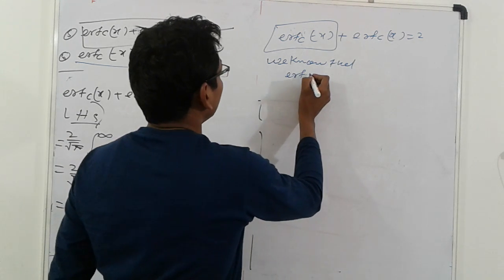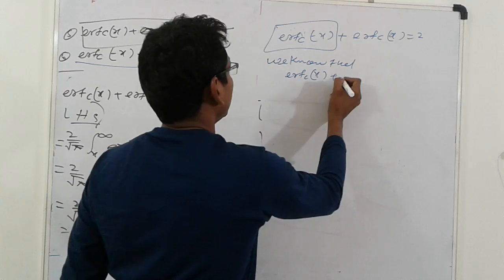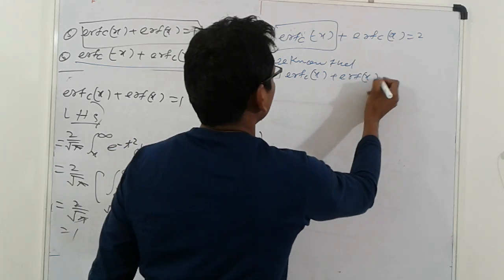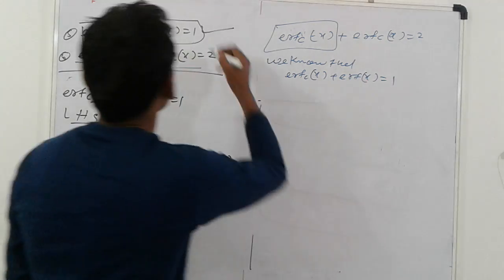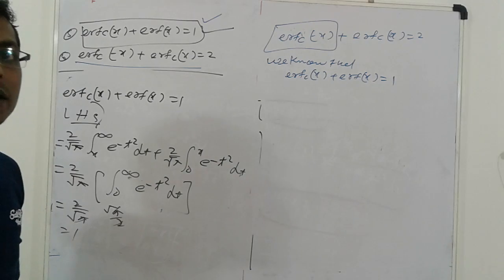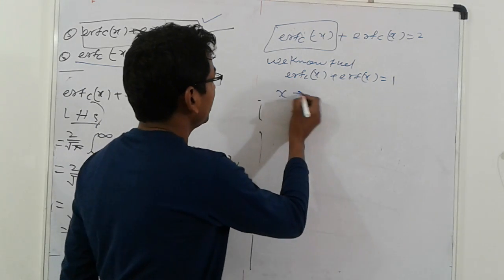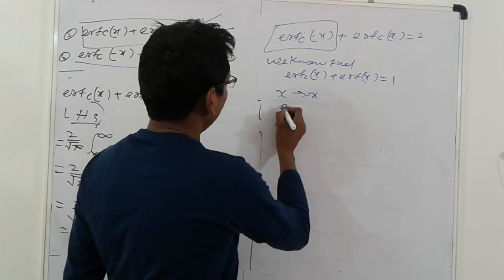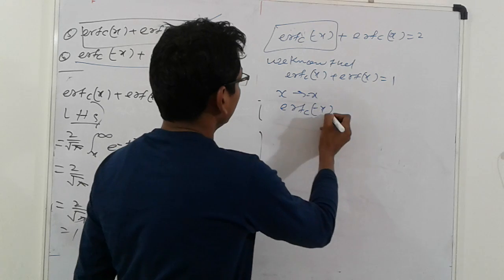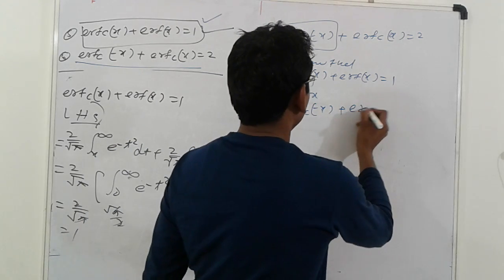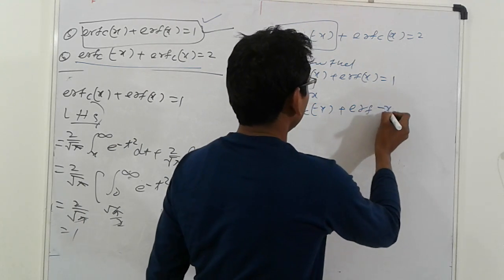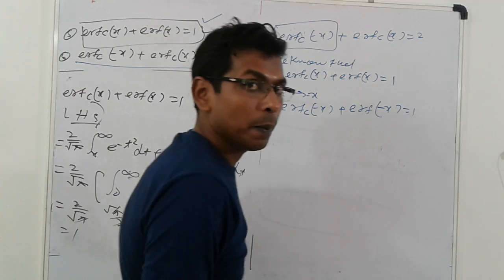error of cx plus error of x is equal to 1. Here we proved it. So x is replaced by minus x, and let us see what we get: error of c minus of x plus error of minus x is equal to 1.